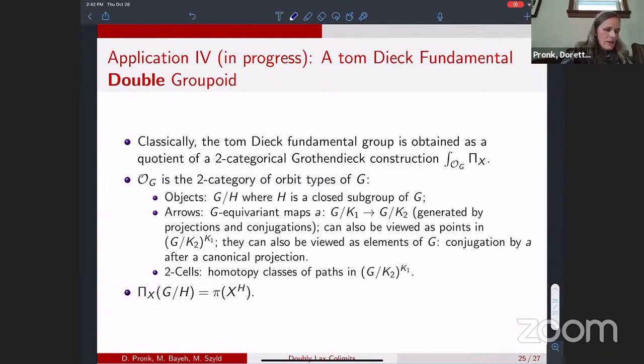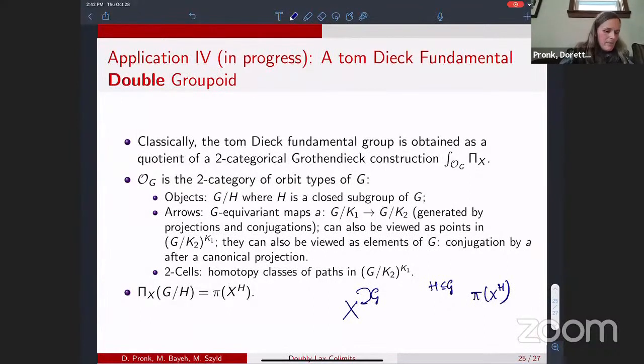This is for a space X. If we have a space X and a group G acting on it, the idea is that I want to look at all the closed subgroups of G, if the group is topological, and then look at the fundamental groupoid of the fixed points of that subgroup H. So X to the H is the fixed points under the action of H.